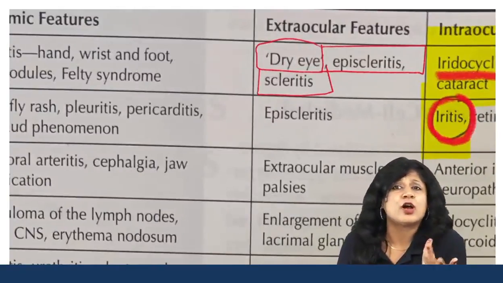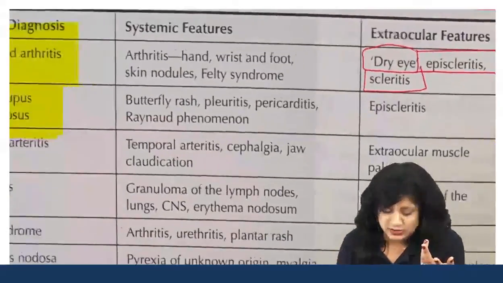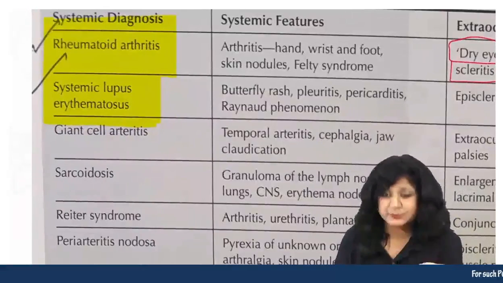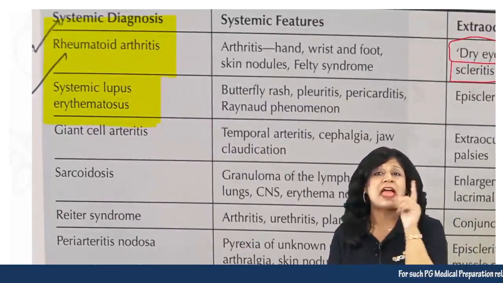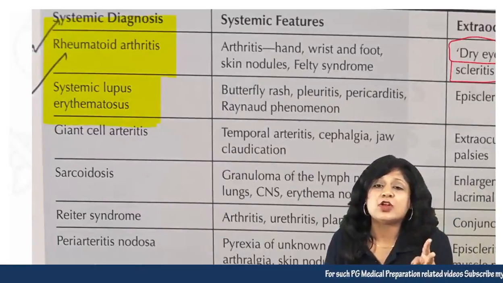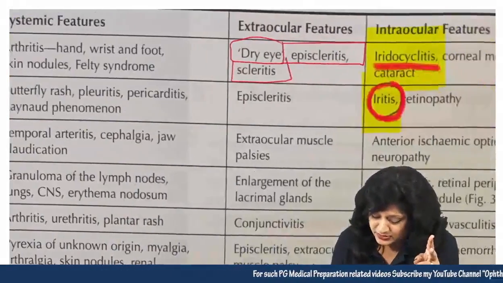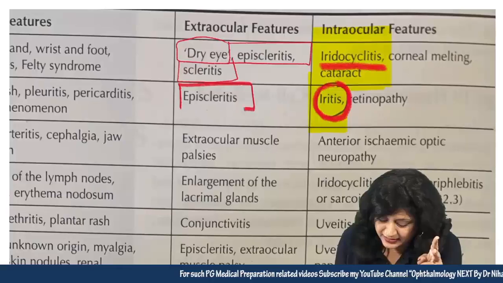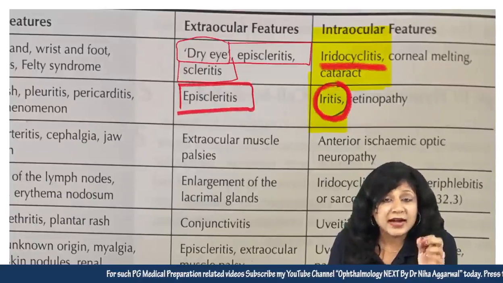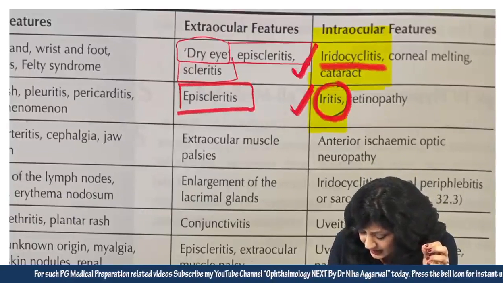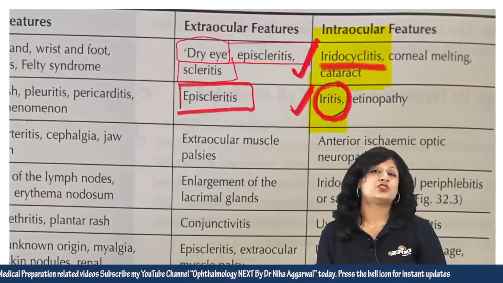We are not even talking about iridocyclitis in cases of rheumatoid arthritis, but theoretically it can be present. Then if I talk about systemic lupus erythematosus, again the most common thing you get here is episcleritis, but it can show iritis. It can show iritis, and these flowcharts are really important.